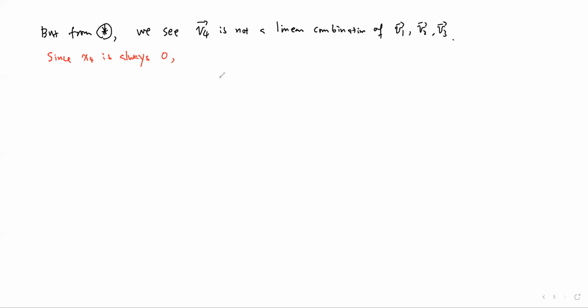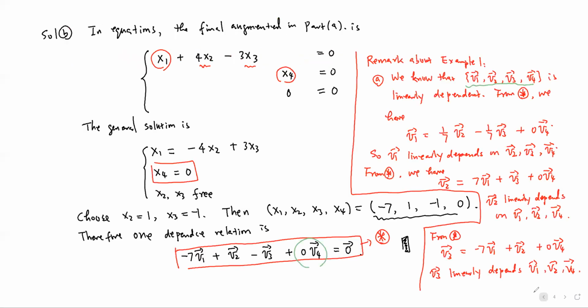So the conclusion is V4 is linearly independent of V1, V2, V3.